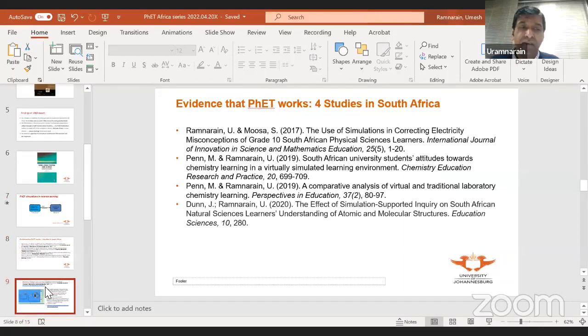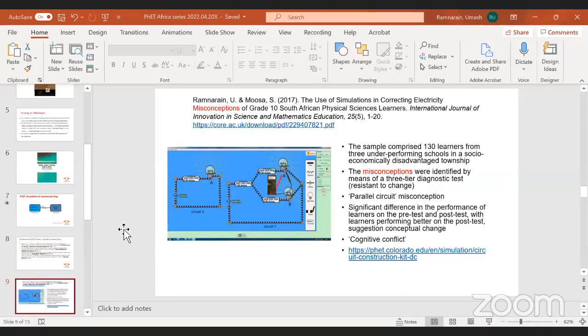So the first one, which I have there, looks at the impact of simulations in eradicating misconceptions in the study of current electricity. So of course, as teachers, we would come to realize and we would know that misconceptions are faulty scientific understandings which students bring to the classroom.